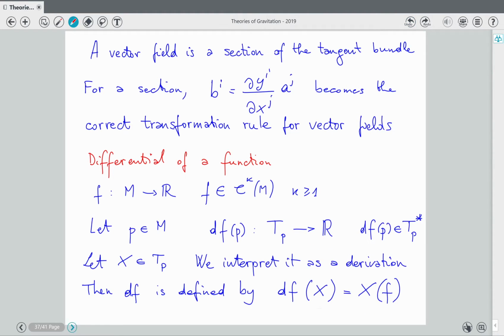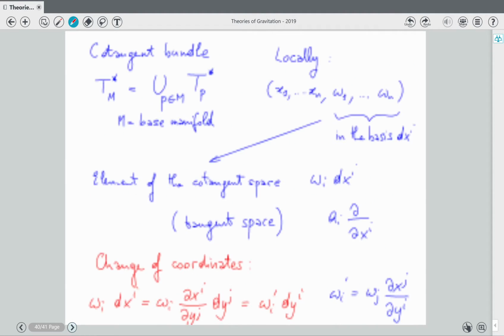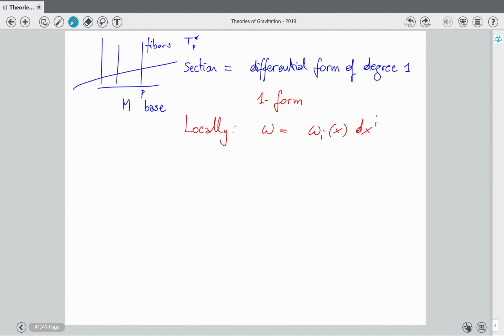Let's calculate what happens when we use that form and want to act on a vector field. So the differential form is this.